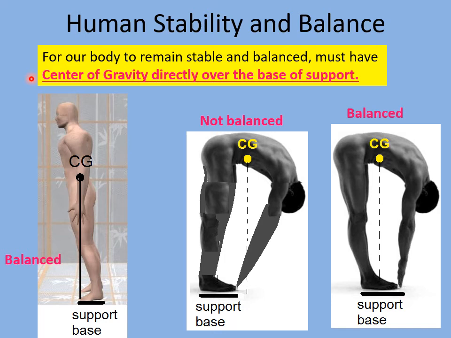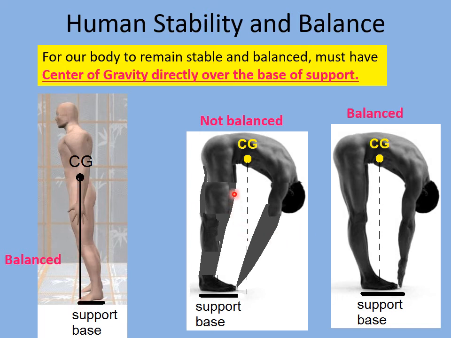Now, what that means is if we're standing on our feet, then obviously our support base is our feet. As long as our CG, wherever that is in our body, is directly over our support base, in other words, somewhere over the length of our foot, we will be in balance.